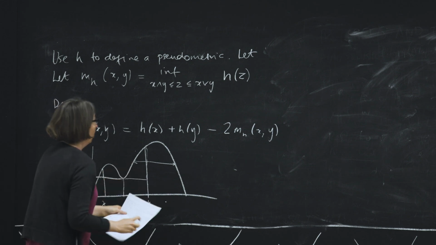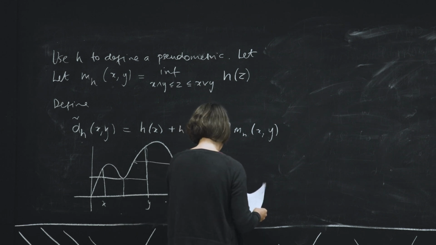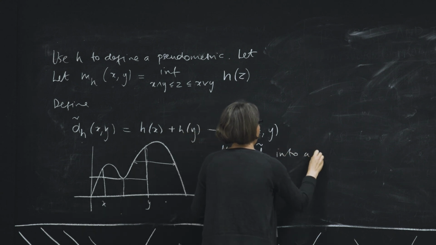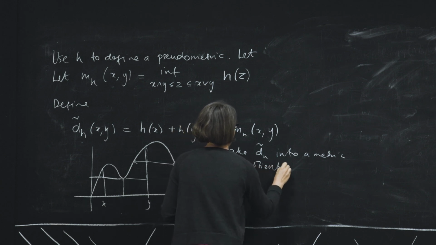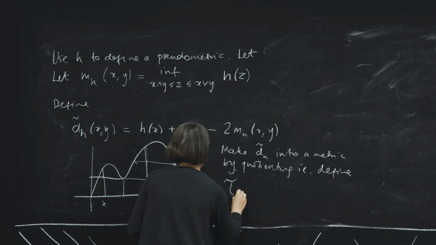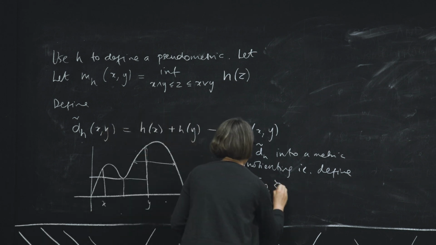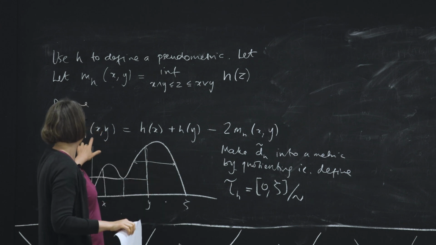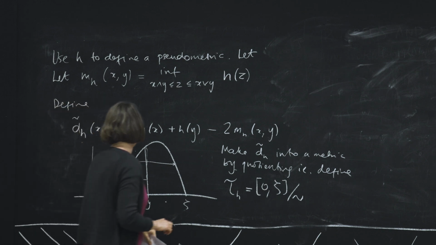Okay, so the way I'm going to create my tree, or thing that will end up being a tree, is by quotienting. So make d tilde into a metric by quotienting, i.e. define T_h to be the interval [0, zeta] quotiented out by the relation tilde, where tilde just puts x in relation with y whenever this distance is 0.